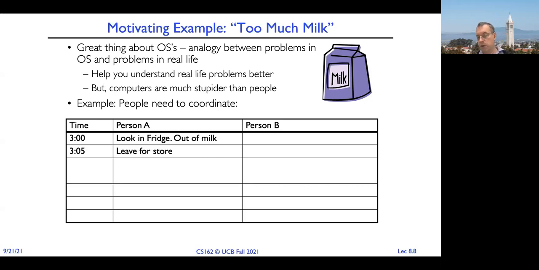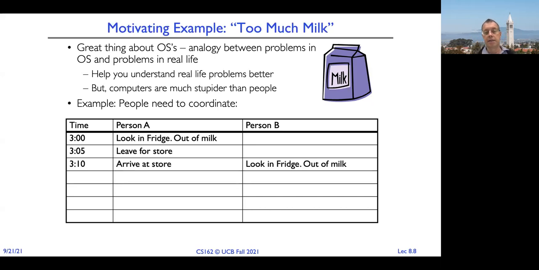So she leaves and goes to the store. While she is arriving at the store, the second roommate, call her person B, looks at the fridge and it's out of milk. So she does the same thing, leaves for the store and arrives at the store.